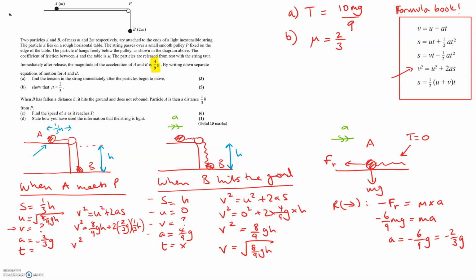So I will end up with v squared equals 4/9 gh, or finally v is 2/3 root gh if I square root. Okay, so that's the speed of A as it reaches P. There's quite a few elements to that question, which is why it's really useful to draw a few diagrams.